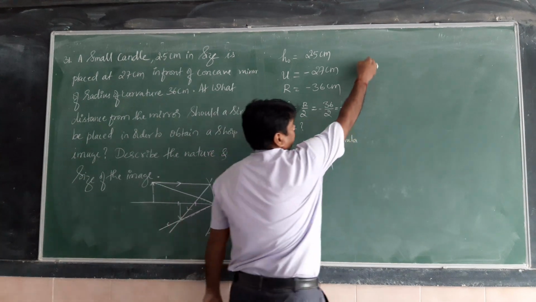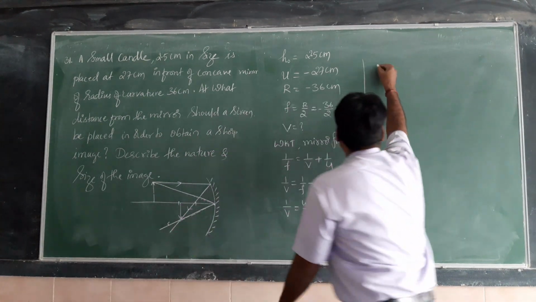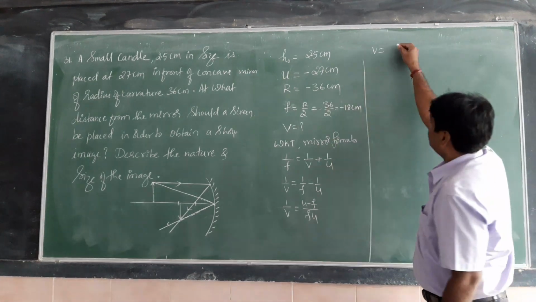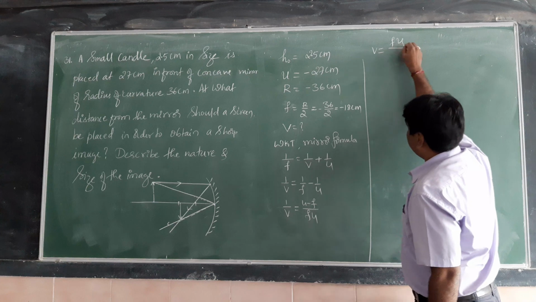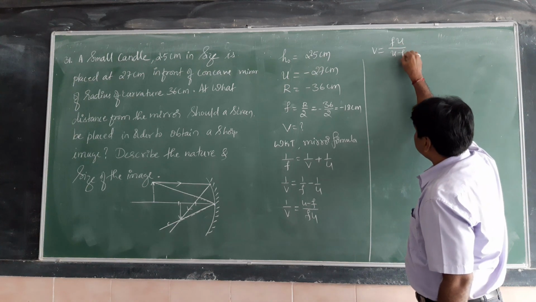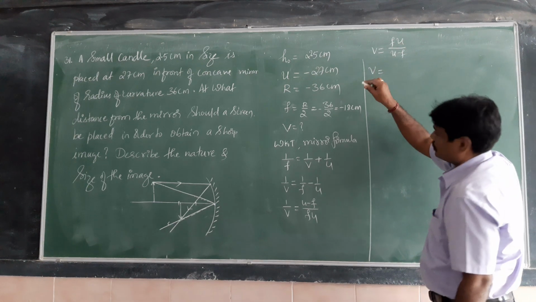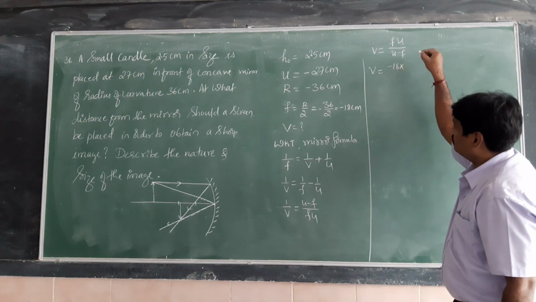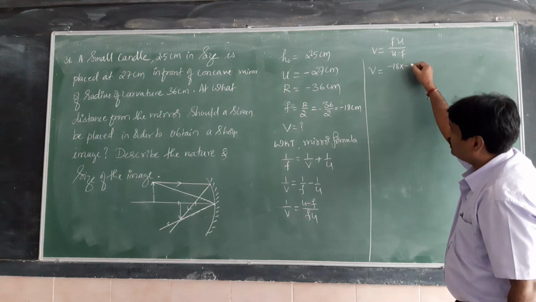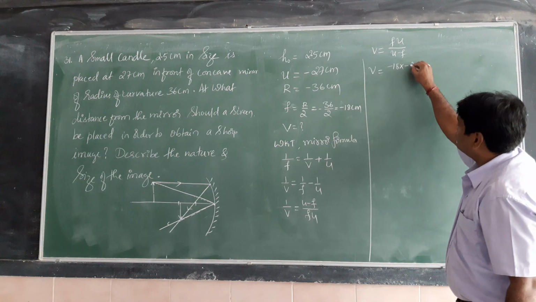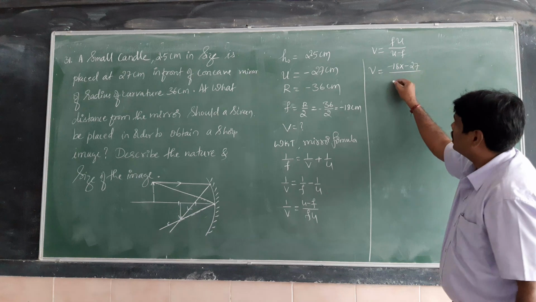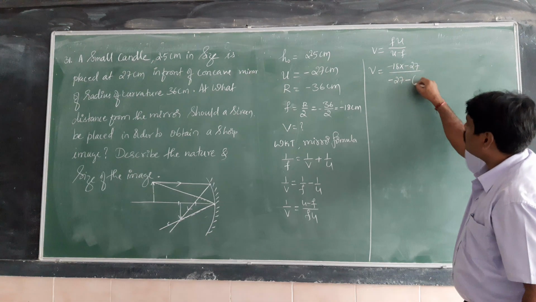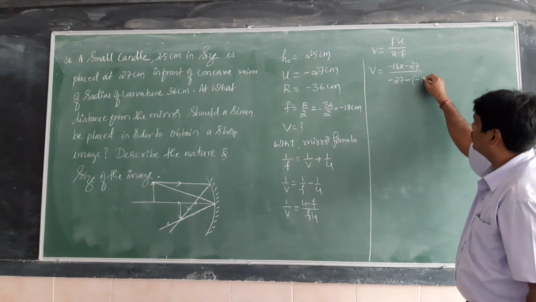Now in the next step, I will take the reciprocal: V is equal to F into U divided by U minus F. Now I will substitute all the values. F is minus 18 into U is equal to minus 27, whole divided by minus 27 minus of minus 18.